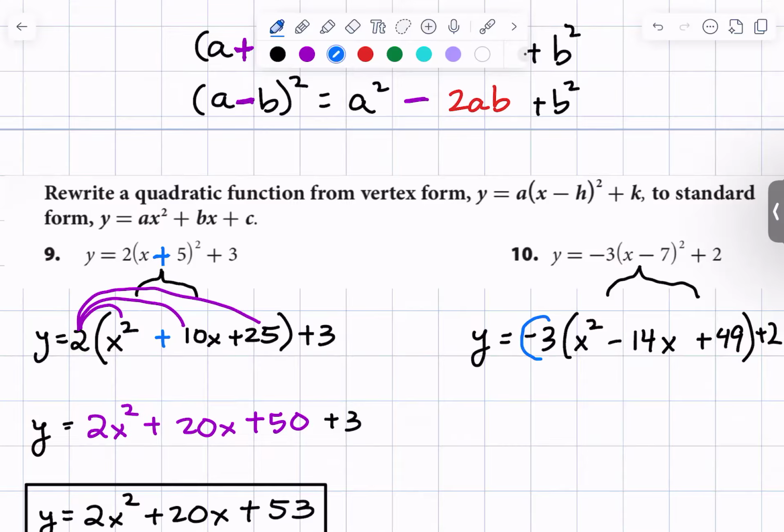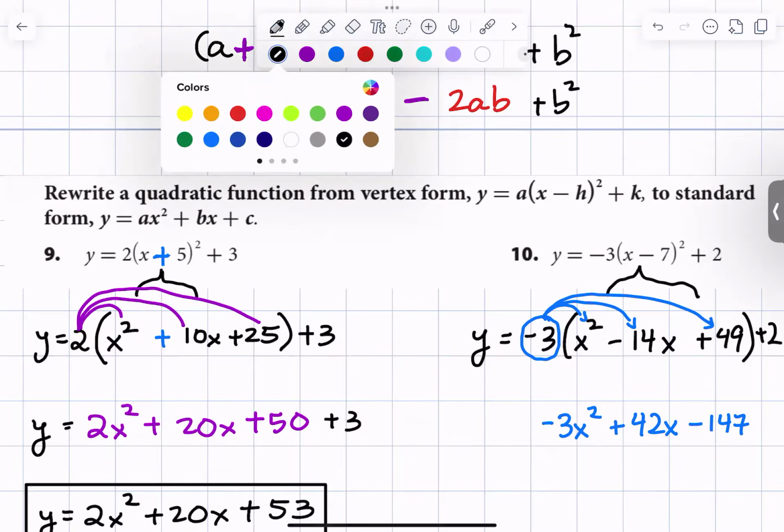I'm going to get the -3 now and distribute that out, right? So -3 times x squared is -3x squared. -3 times -14 is positive 42x. -3 times positive 49 is -147 plus 2, right?